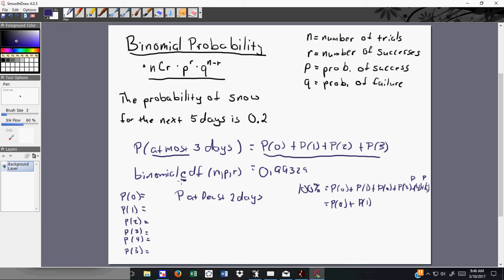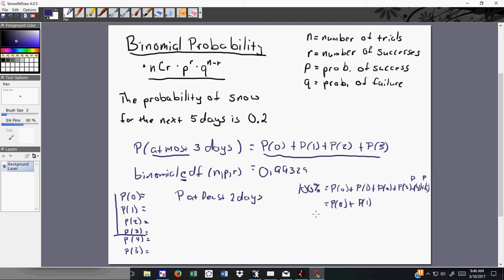When we do a cumulative density function, it starts at 0 and it goes until you tell it to stop. So, for example, we did 0 and we told it to stop at 3. But I want it to do, and for this example, I want to do 2, 3, 4, and 5.